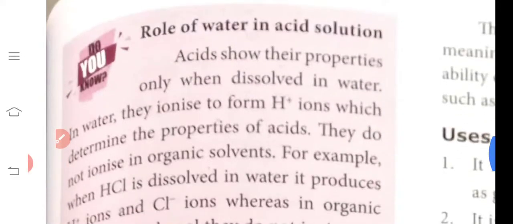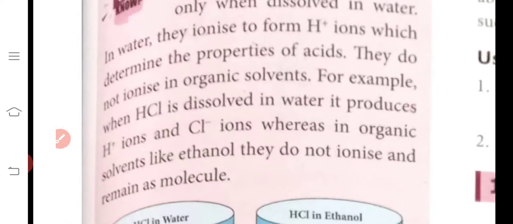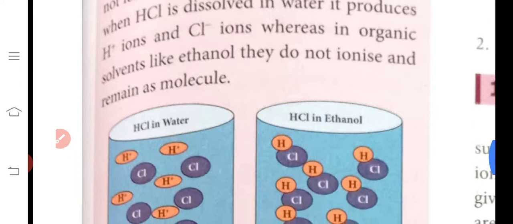Role of water in acid solution. Acids show their properties only when dissolved in water. The H plus ions determine the properties of acid. They do not ionize in organic solvents. For example, when HCl is dissolved in water it produces H plus ions and Cl minus ions, whereas in organic solvents like ethanol it does not ionize and remains a molecule.